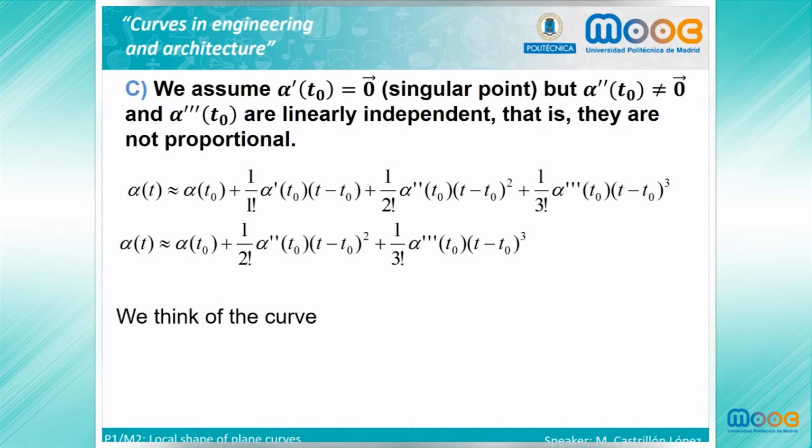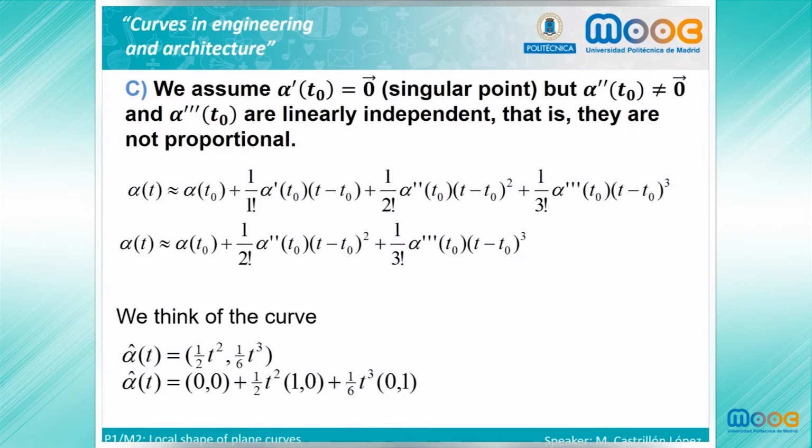And now we think of this other curve, the curve 1/2 t squared, 1/6 t cubed. And again, we can write it as a point plus 1/2 t squared vector plus 1/6 t cubed, another vector. On the screen, you have an image of the trace of that curve, and we also have the points and the vectors.